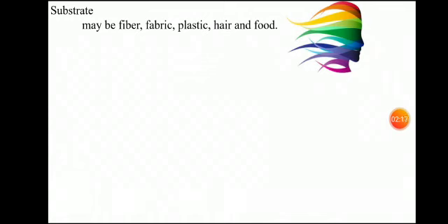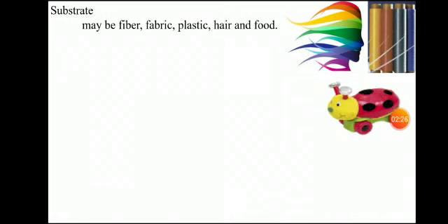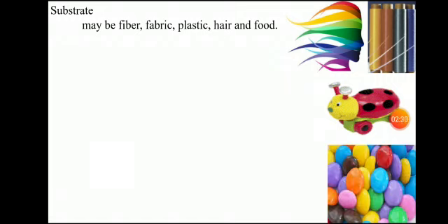Now the substrate may be a fiber, a fabric, plastic, hair, or food. So we can give color to hair, to fabric or fiber, and to plastics to make them attractive. We use colors in food to make food attractive.